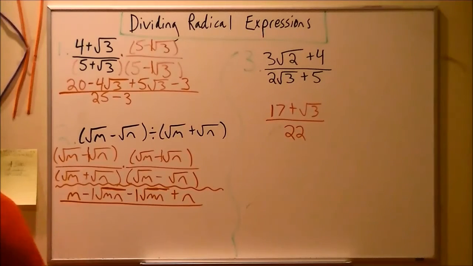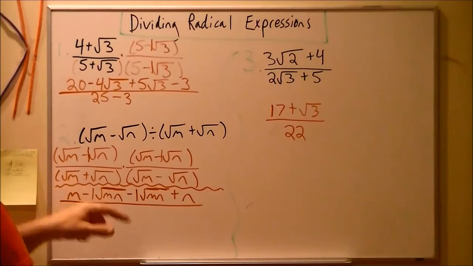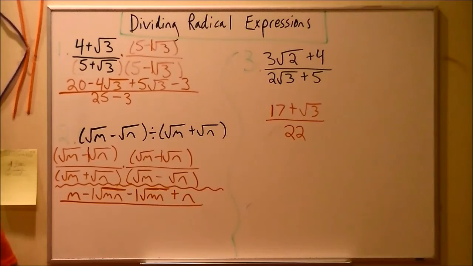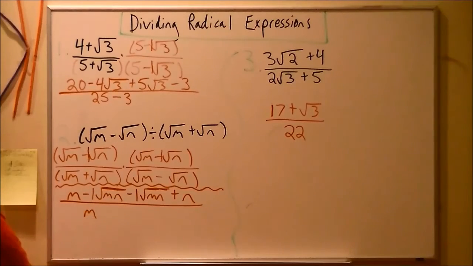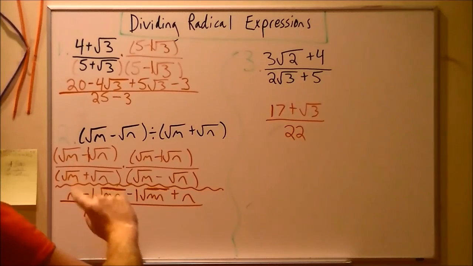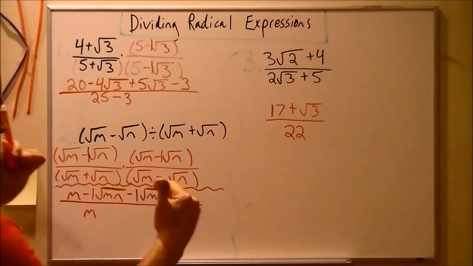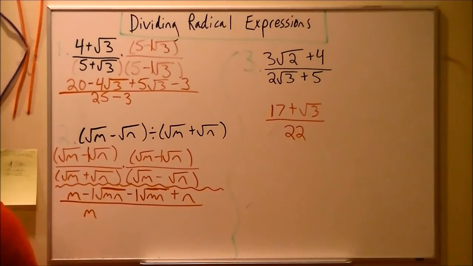All I have to do is take the first term, which is the square root of m, and square it. The square root of m times the square root of m is the square root of m squared, just like we did right up here. And that's going to be simplified as m, because the square root of a squared anything, they knock each other out and you're just left with the term itself, which is m.